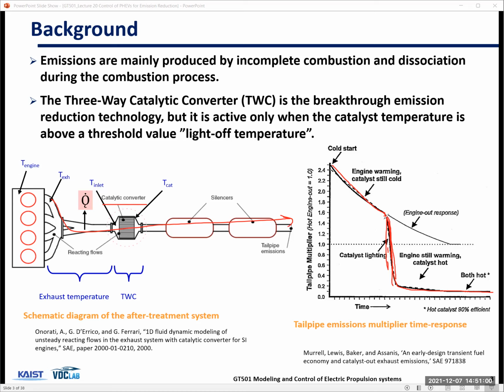But note that engine out emission is still high during this time. So the tailpipe emission is very important, and it's the key to reducing these harmful emissions.